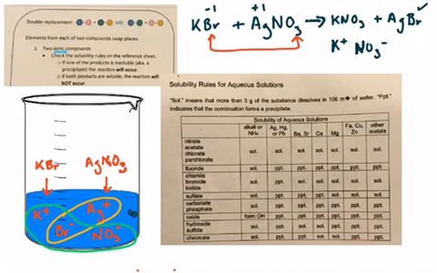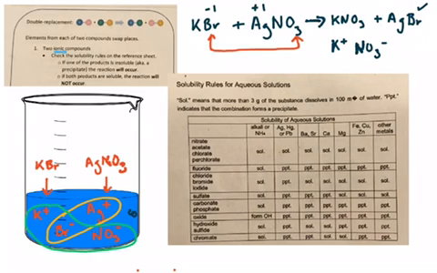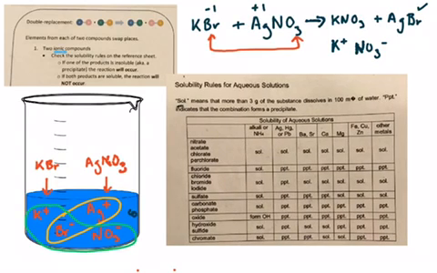So here are our solubility rules on our reference sheet, and what they're going to tell us is if a compound remains in ion form, it'll say soluble, or SOL, okay? But if we see PPT in the square corresponding to our compound, then that means it will fall out of solution as a solid precipitate.